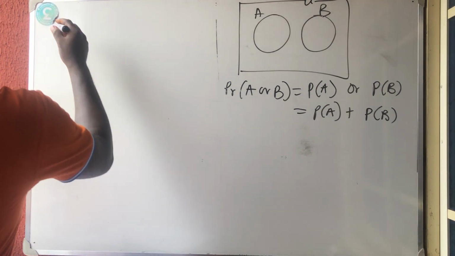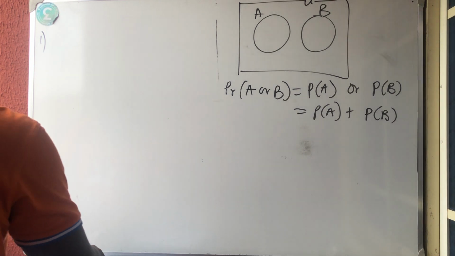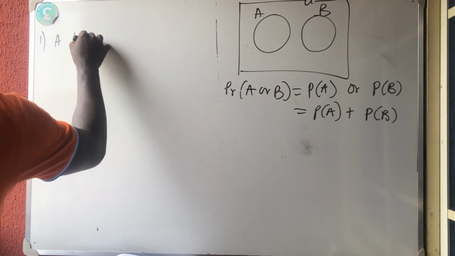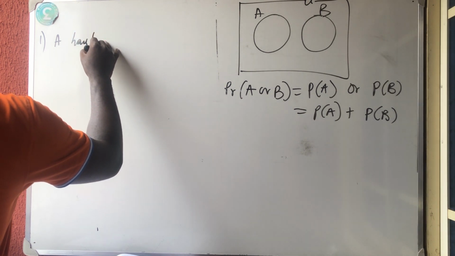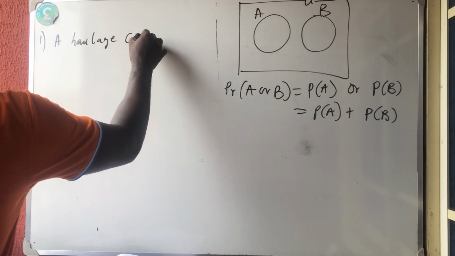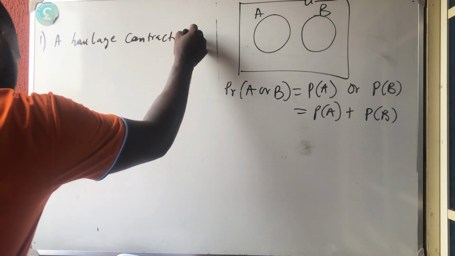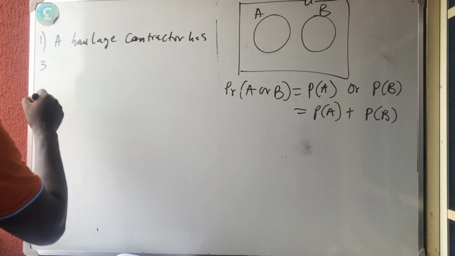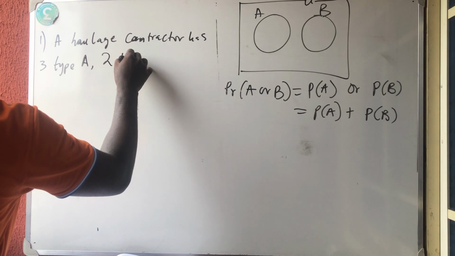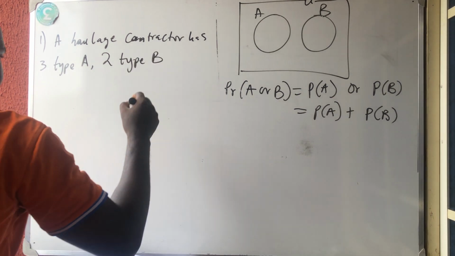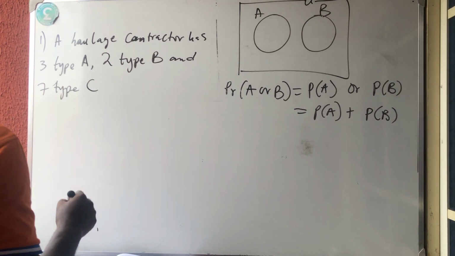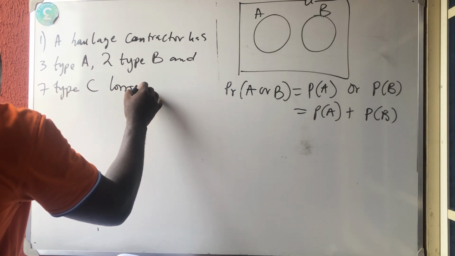Example number 1 said that a haulage contractor has 3 type A, 2 type B, and 7 type C lorries available.